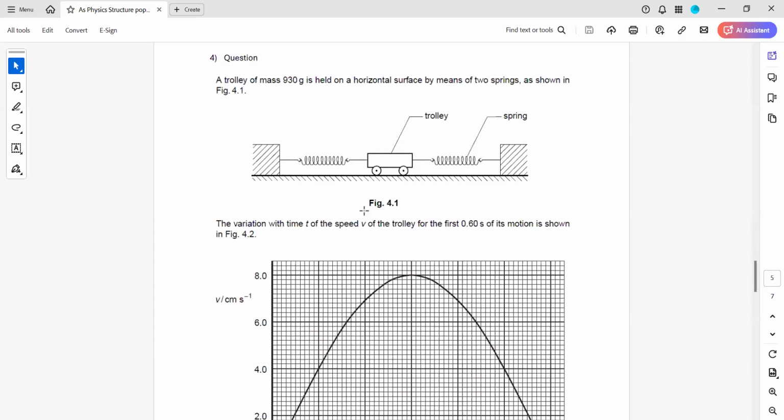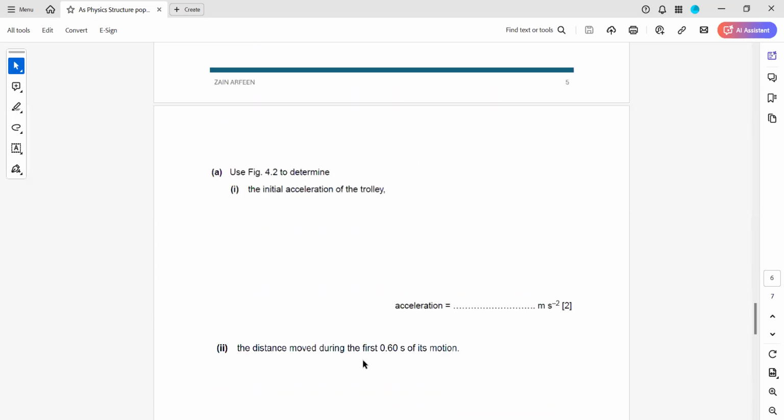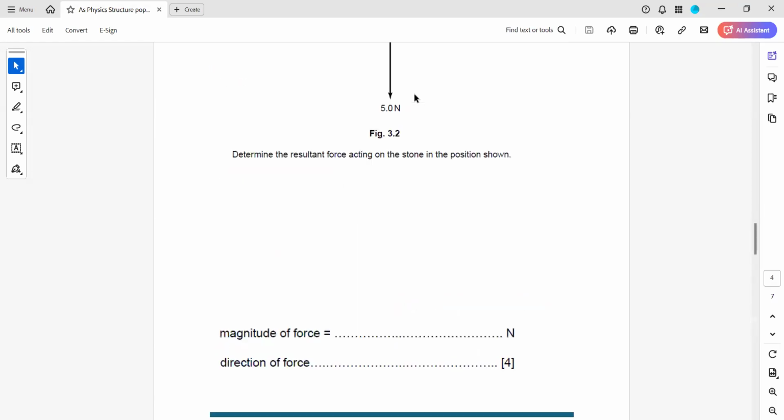Question 4, any doubt? Question 4, part A, any doubt? Magnitude of the force when you measure the length. The magnitude of the force is the length of the resultant according to the scale diagram.